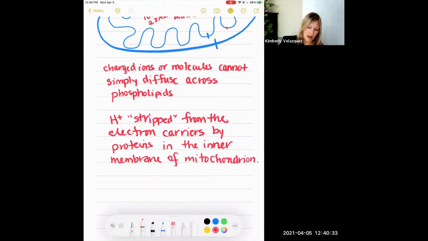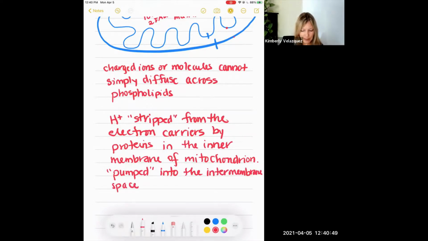And they are pumped into the intermembrane space, where they build up and they create a concentration gradient.